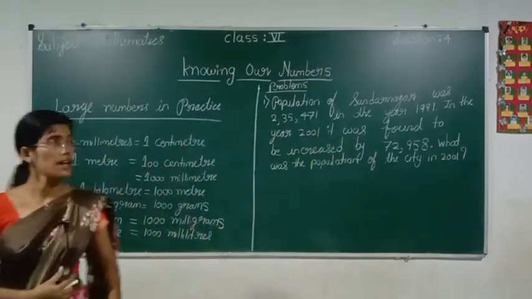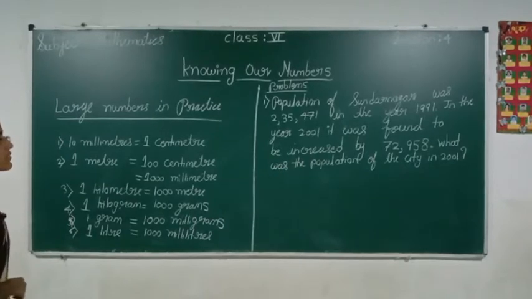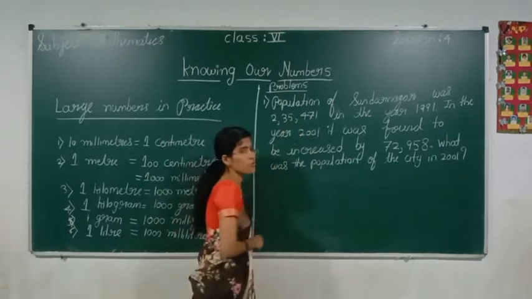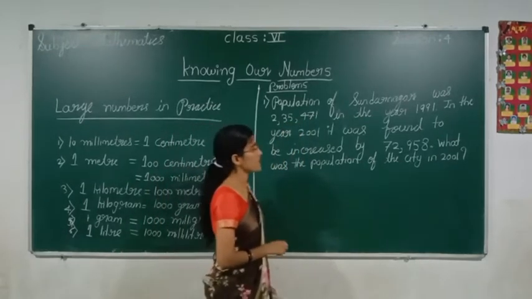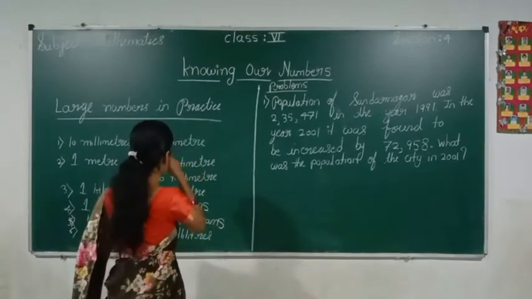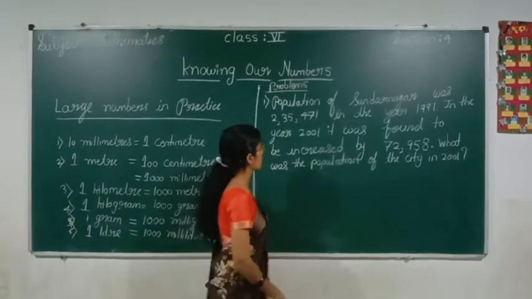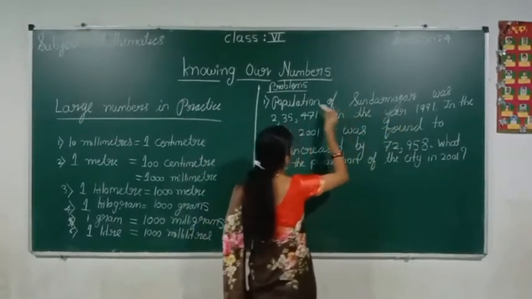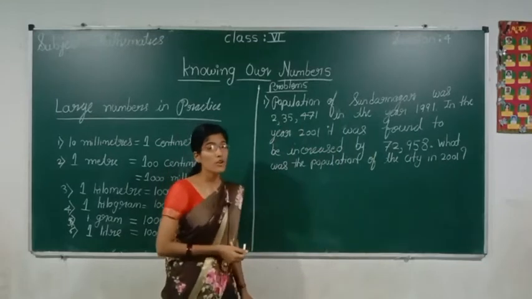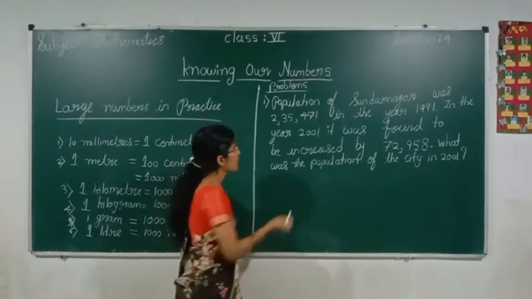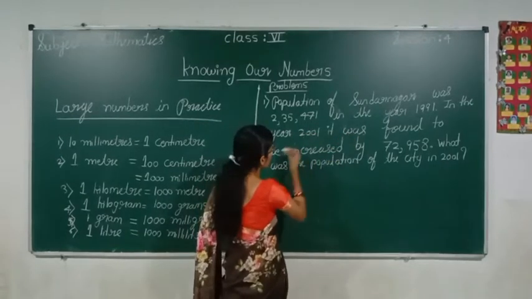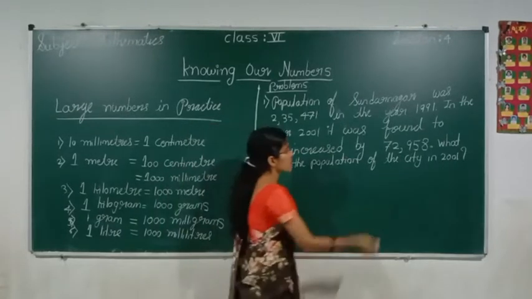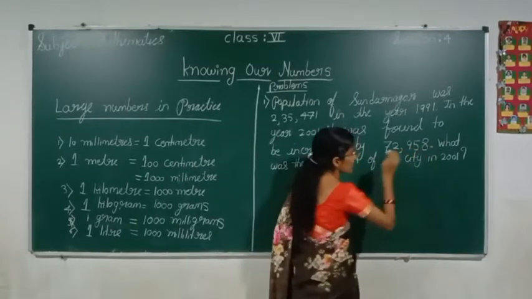Now see a student's question. The population of Sundarnagar was 2,35,471 in the year 1991. In the year 2001 it was found to be increased by 72,958.